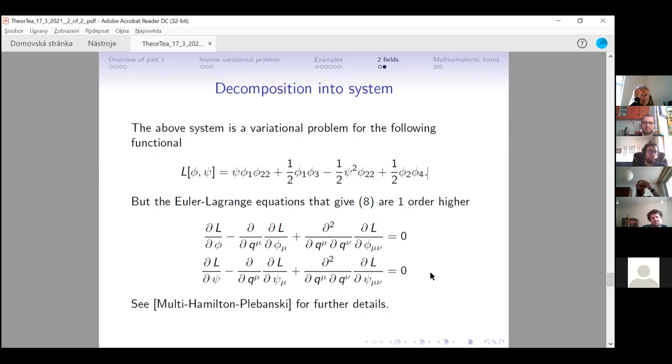So what it means is that the generalization for two fields, what we can do is we can proceed similarly as we did in the case of one field and define multiple Euler operators in a completely similar fashion. Just we have not one contact form, but more contact forms. We can consider the exterior derivatives. They won't be symplectic forms on the corresponding distribution because the dimension doesn't fit well.